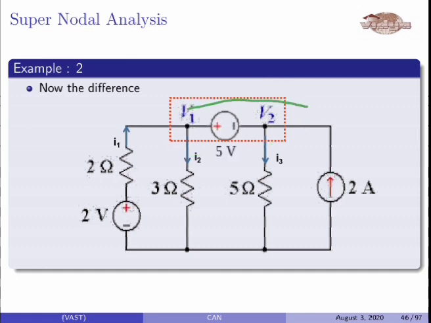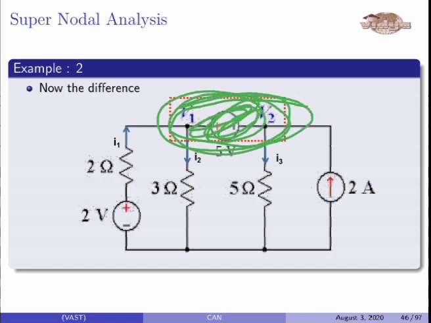If we consider this full part as a single node, I1 is the current flowing into the supernode, I2 is leaving the supernode, I3 is also leaving, and 2 ampere is flowing into the supernode.